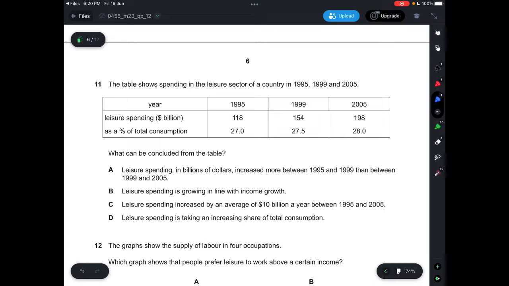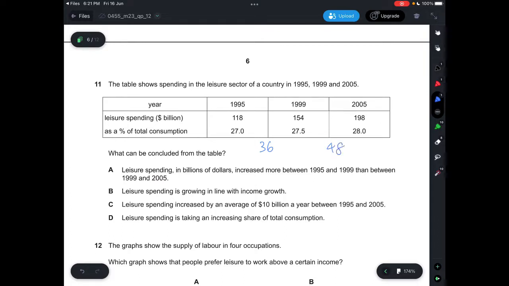So A, it says leisure spending in billions of dollars increased more between 1995 and 1999 than between 1999 and 2005. So, okay. In this case, 154 minus 118 gives 36 billion. That's a difference. All right. And then from 154 to 198, that will be 44.